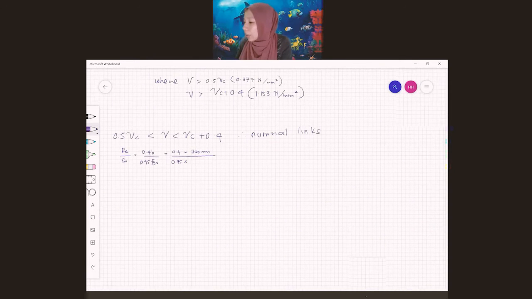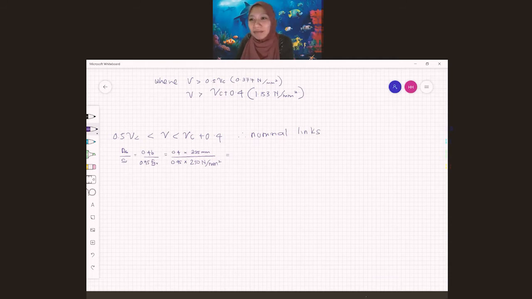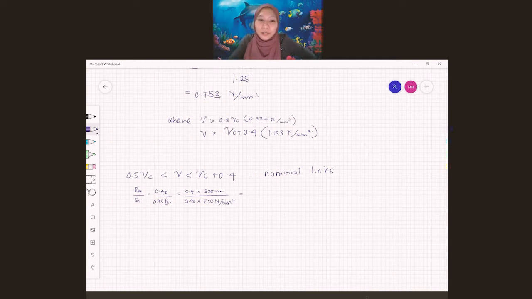Okay, so that is the strength. 250 Newton over mm square. Okay, simple as that. 0.547. Dapat ya. Yes, betul. So it is 0.547.